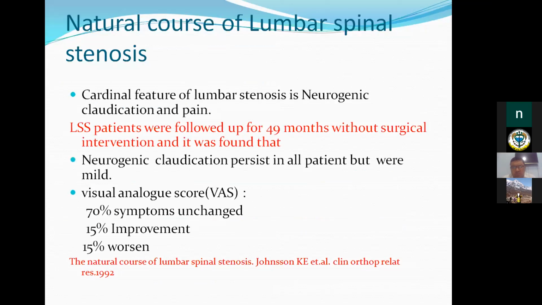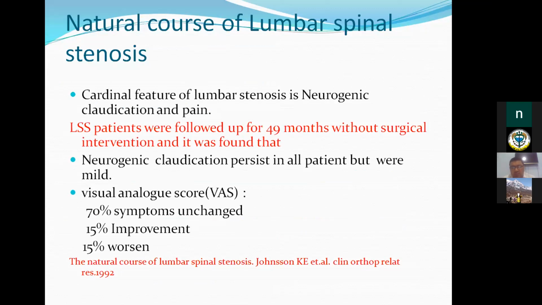There are studies done in diagnosed cases of lumbar spinal stenosis, followed up for more than 49 months without surgical intervention. They found that neurogenic claudication, which is the main clinical feature of stenosis, remained in all patients, but in a mild form.